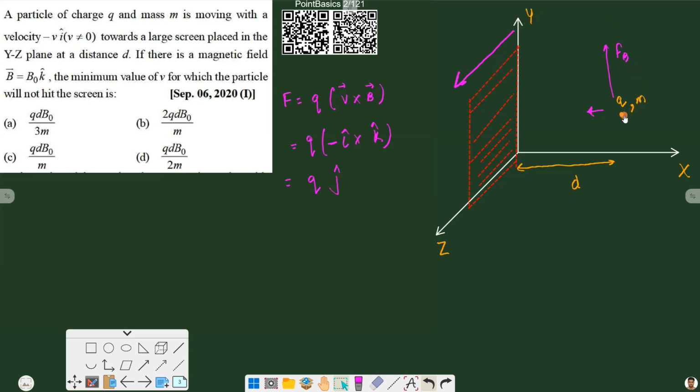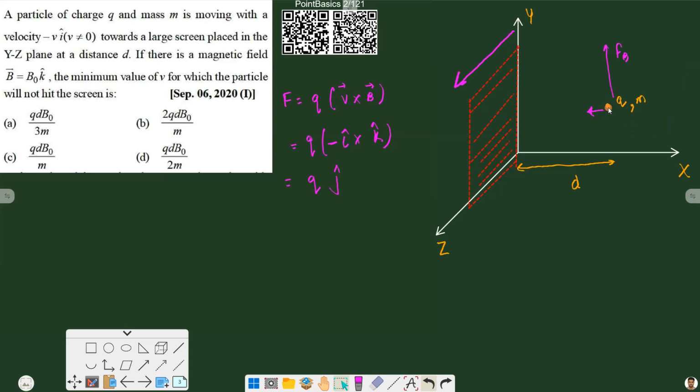So what we want is that when this particle is rotating in the circle, its radius should be smaller than this distance d, so that it keeps on rotating in a circle but never touches the screen.